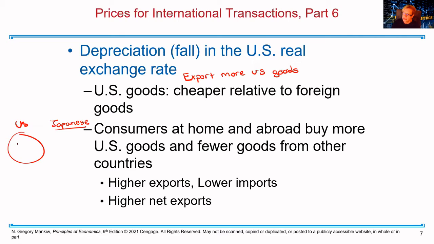So US consumers buy US goods, not as many foreign goods, but Japanese citizens see US goods as cheaper, so they demand more US goods. This is the net effect of a depreciation, or a weakening of the dollar.